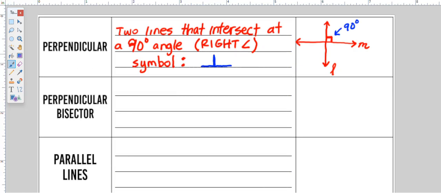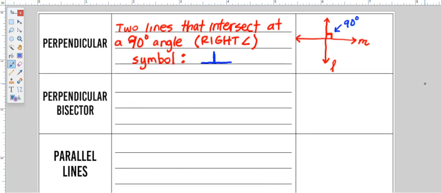Now, sometimes we have something called a perpendicular bisector.